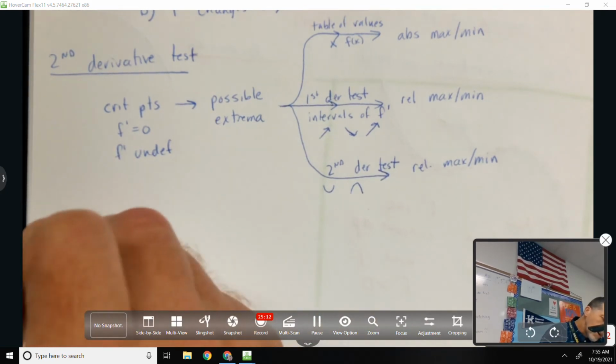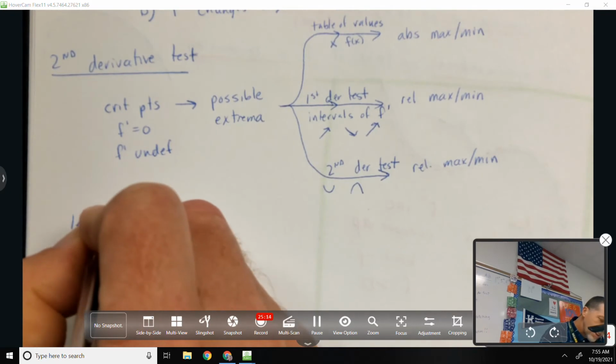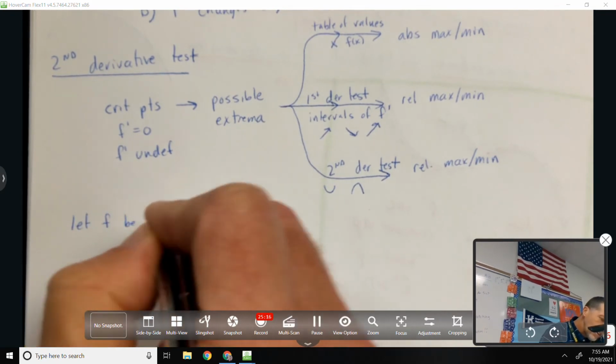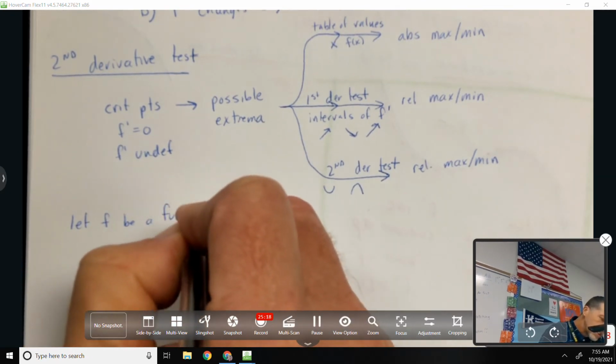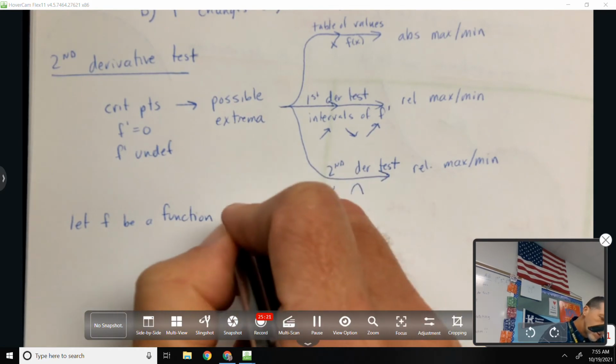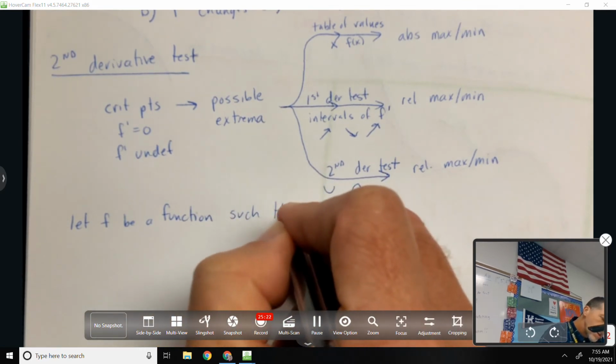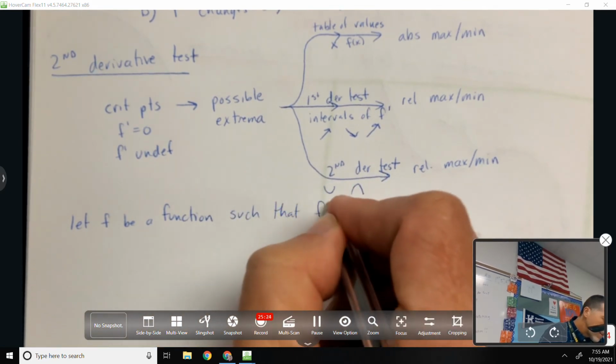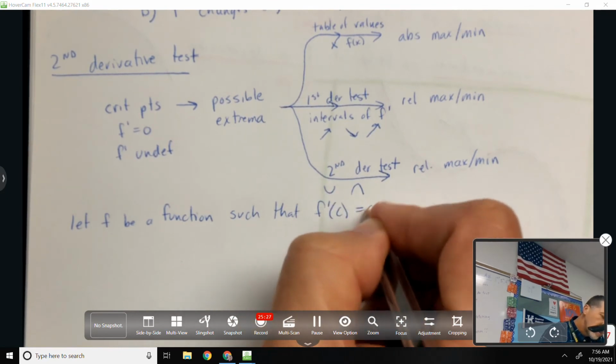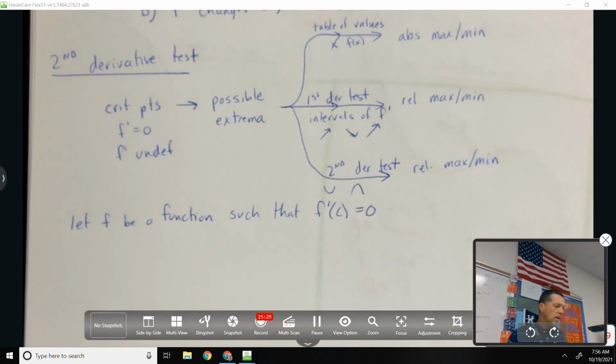Alright, so let's talk about the second derivative test. Let f be a function such that f prime of c equals 0. What does f prime of c equals 0 mean?